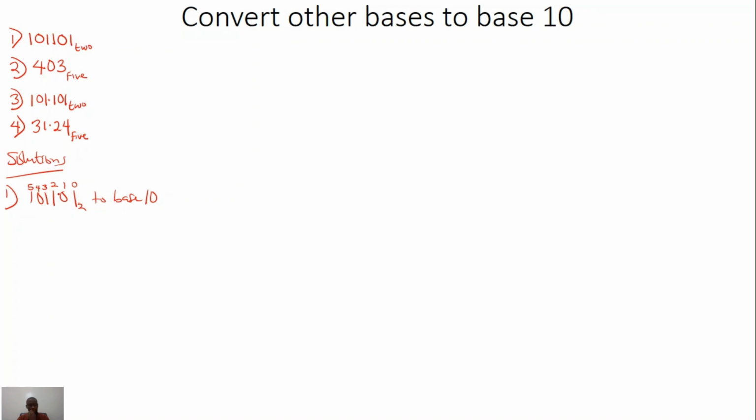Step number 2 is to multiply each of these digits with the base raised to the power of the number of its position. Let me demonstrate this.